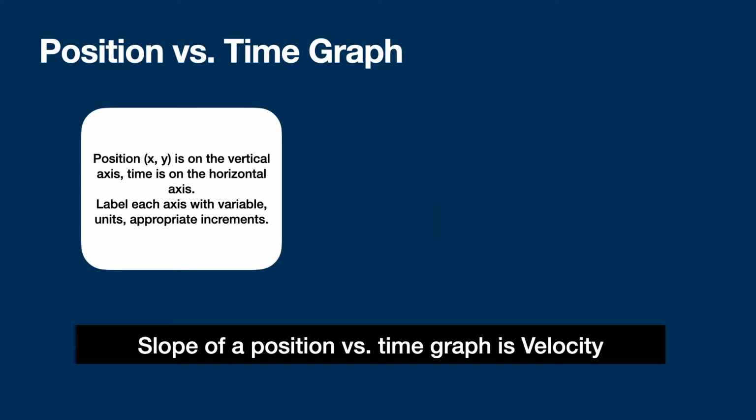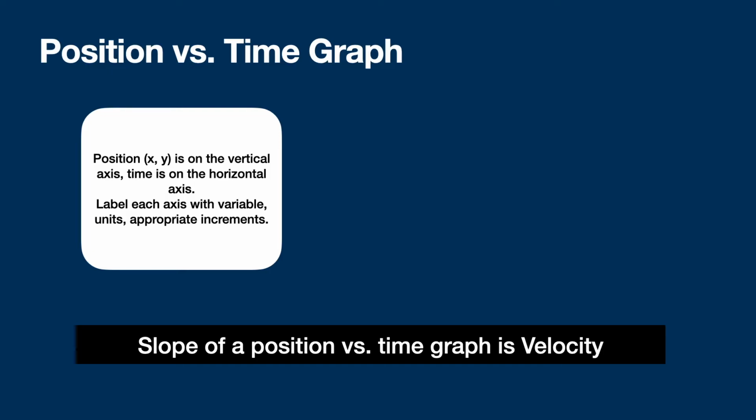All right, so now we're going to move on to position versus time graphs, and then we'll kind of bring these together. Position versus time graphs are used to show the object's position over time. A couple of things to make sure that you do when you make a position versus time graph.